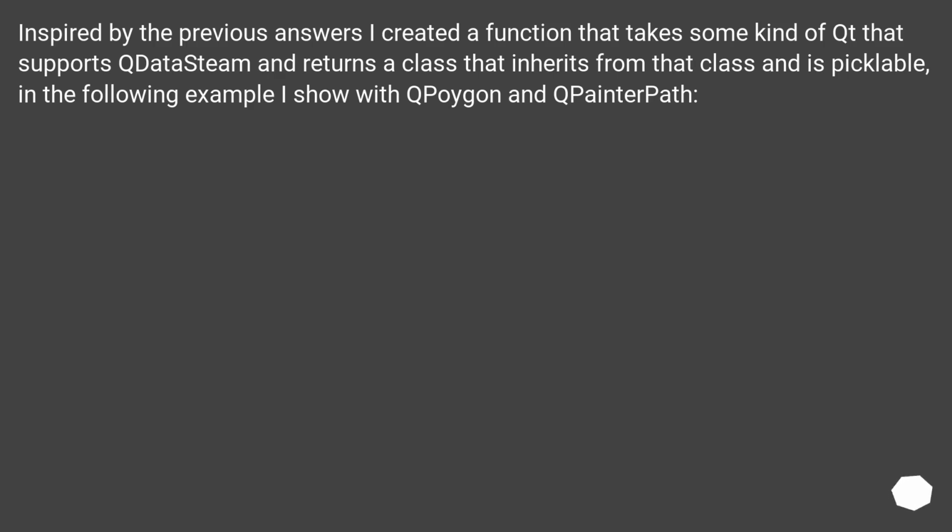Inspired by the previous answers, I created a function that takes some kind of Qt class that supports QDataStream and returns a class that inherits from that class and is picklable.